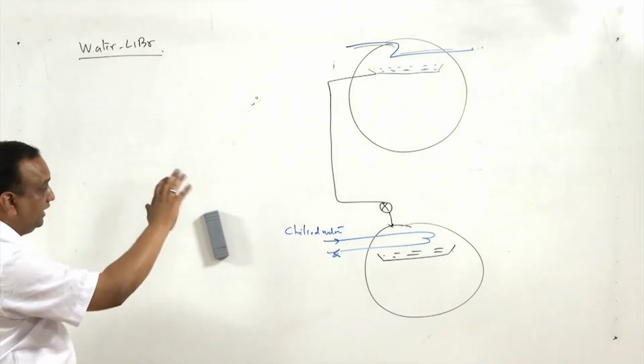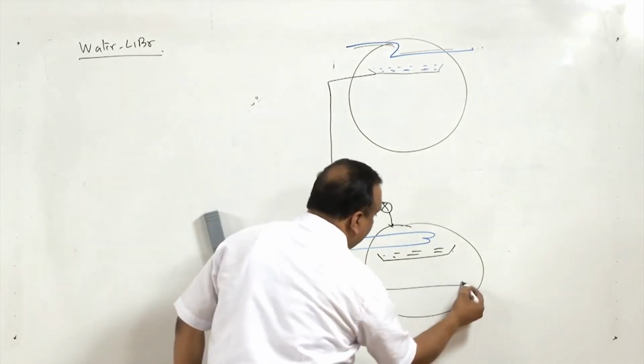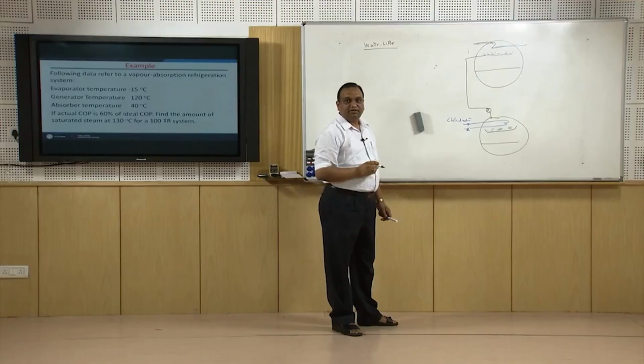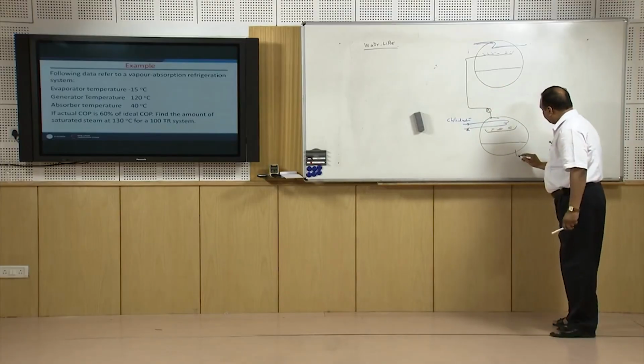Now, again, this part is the absorber. Absorber and generator, there are two things. Water gets absorbed in the absorber.